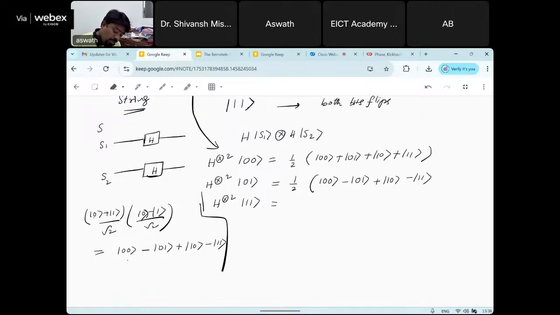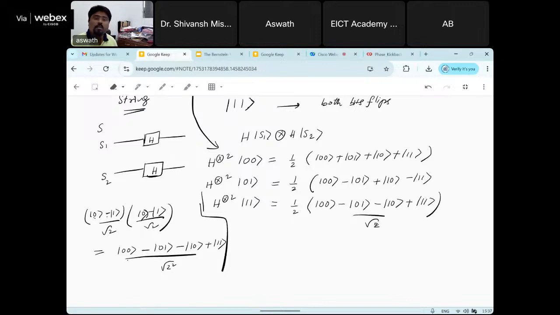So what I will have here, again you can cross check, better cross check every time, is 00 minus 01 minus 10 plus 11 divided by square root of 2. We got that.